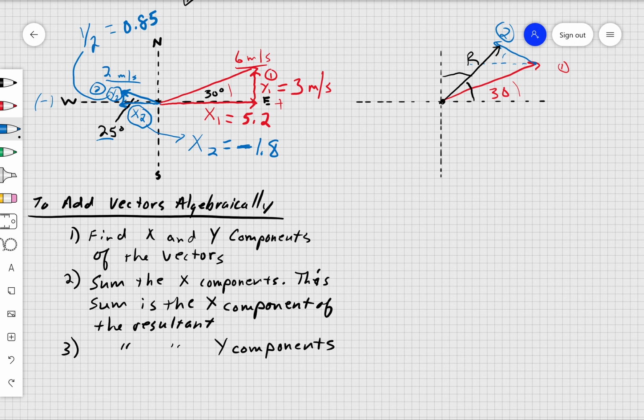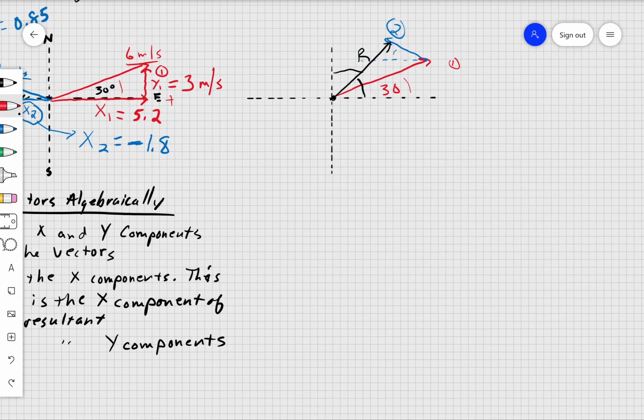So I have determined the x and y components. So I'm going to have x1 and y1, and I'm going to have x for vector 2 and y for vector 2, and I'm going to add these up.